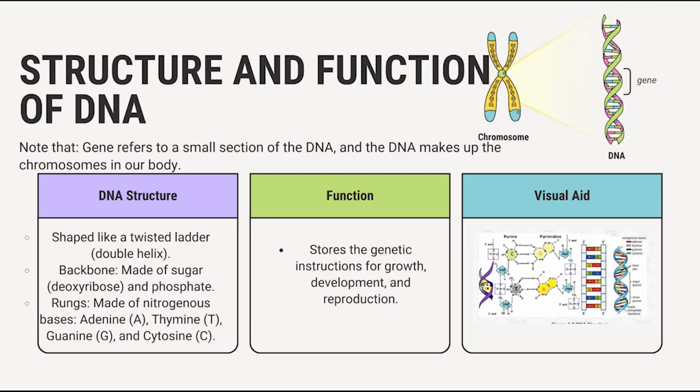These bases pair up, with adenine pairing with thymine and guanine with cytosine, forming the unique code that carries all the instructions for our body. Check out Figure 4.3 for a visual explanation.